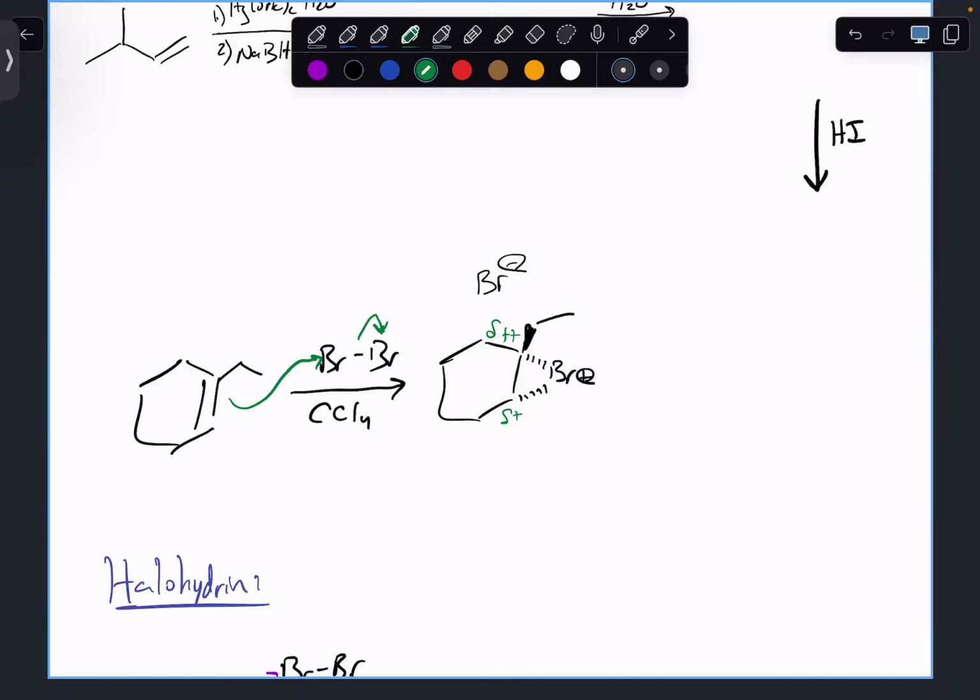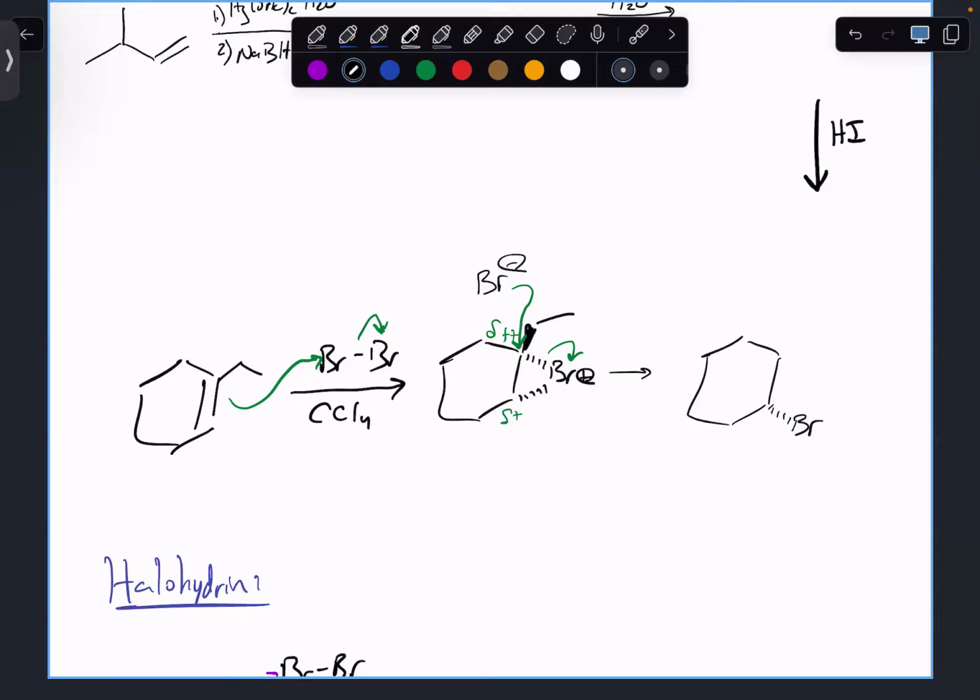So the bromide is going to come in and attack right there. That's the original bromine, and so you can see that it's dashed. So as the bond breaks, it's still going to be dashed over here.